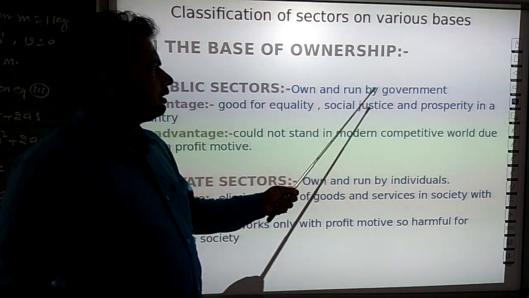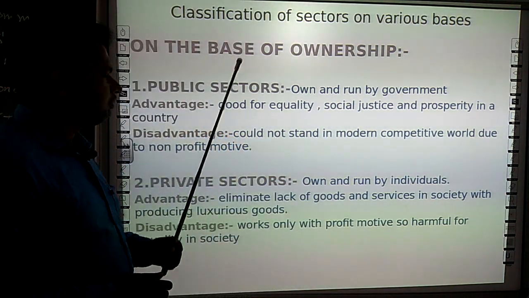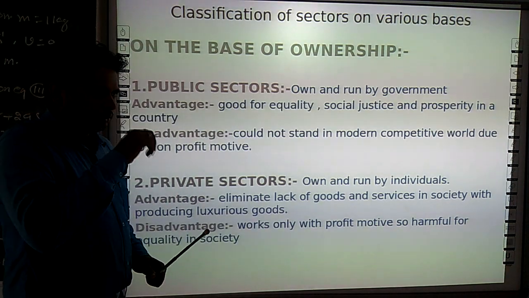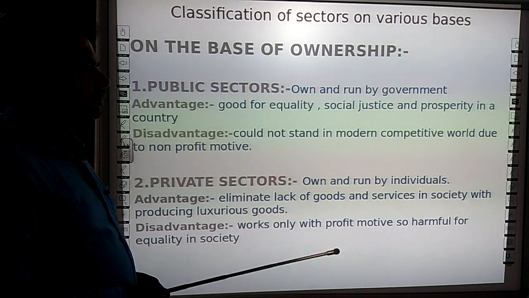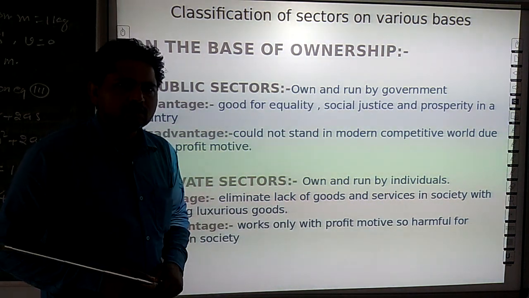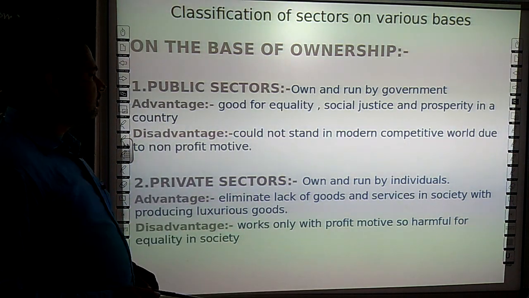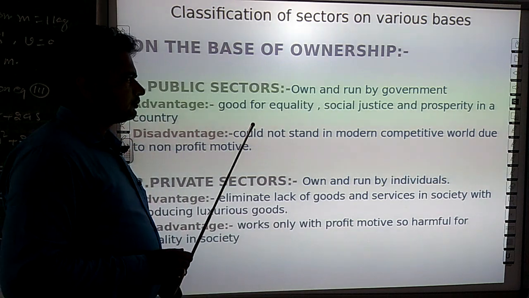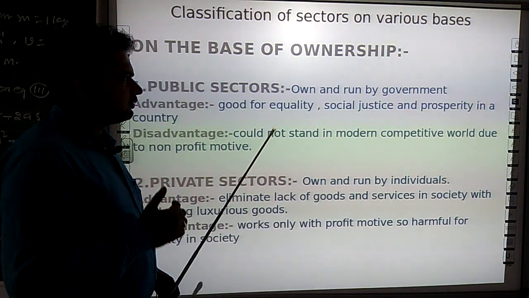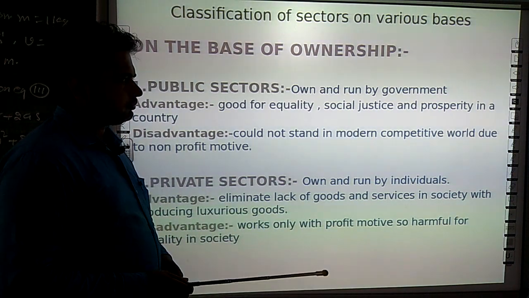The public sector is owned and run by the government. Whatever profit is earned by the public sector goes to the government treasury, and the government runs various types of welfare programs in society with the help of this money. Advantage: it is good for equality as the profit of the firm is distributed among people.